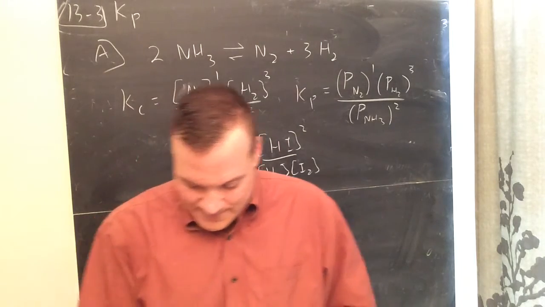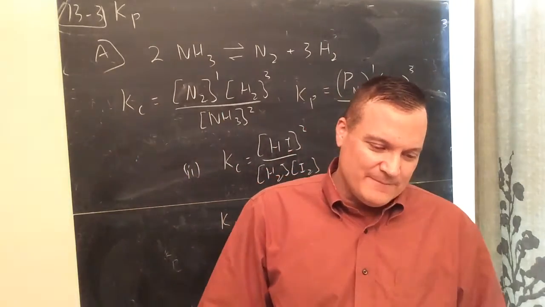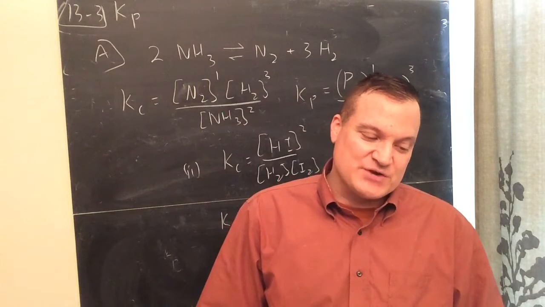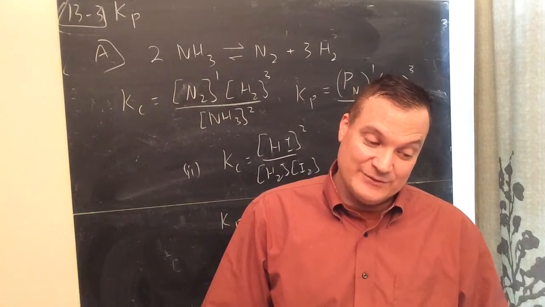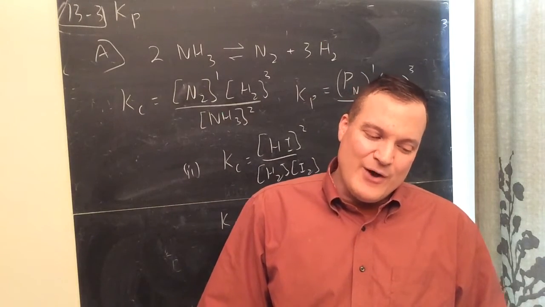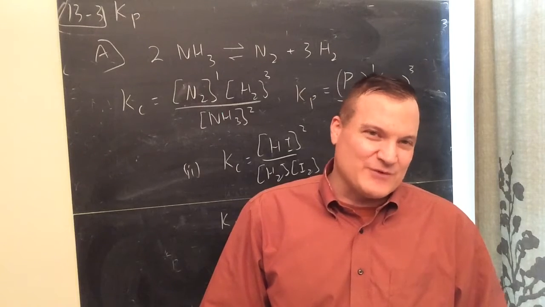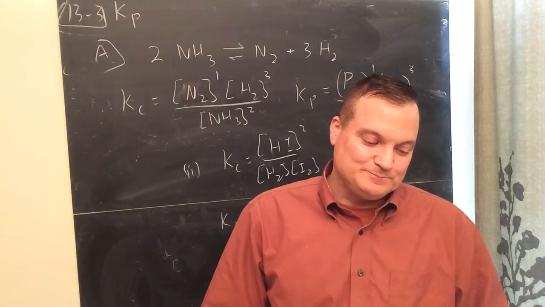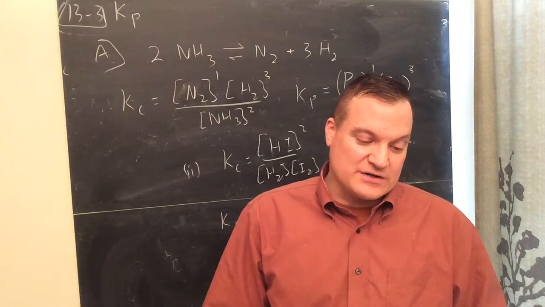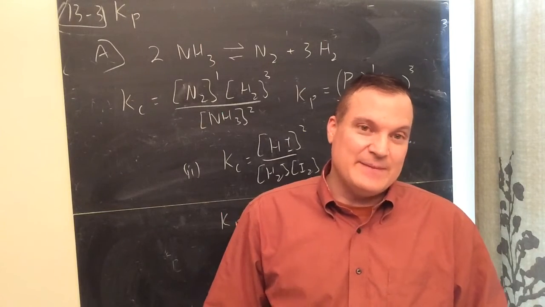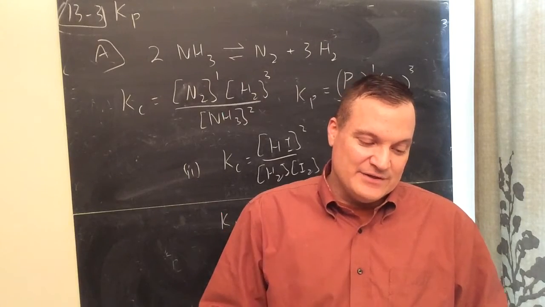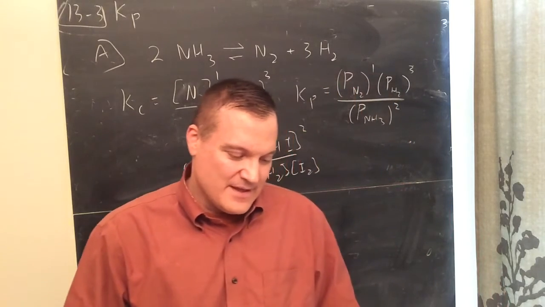Okay. Now this section talks about how the relationship between concentration and pressure can be derived from the ideal gas law. Well, guess what? We don't really have to worry that much about this anymore. It just talks about subbing P over RT in for all the molarities, and then you can turn a Kc into a Kp.